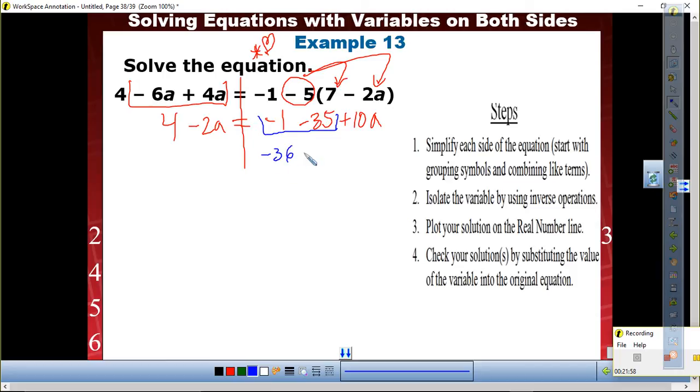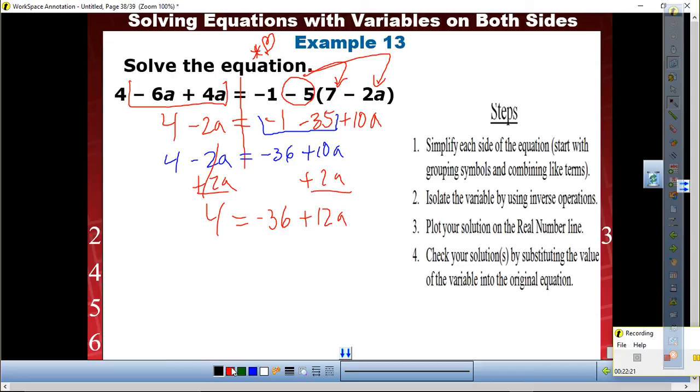Negative 36 plus 10a equals 4 minus 2a. Continue, Ryan. What do I do? Add 2a, add 2a. We're left with 4 equals negative 36 plus 12a.